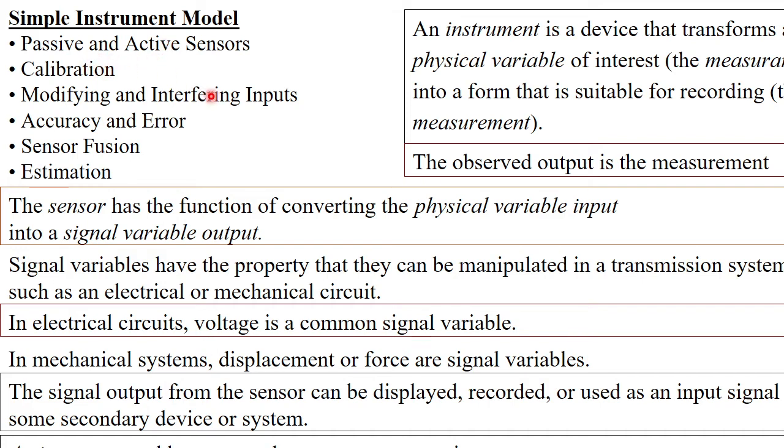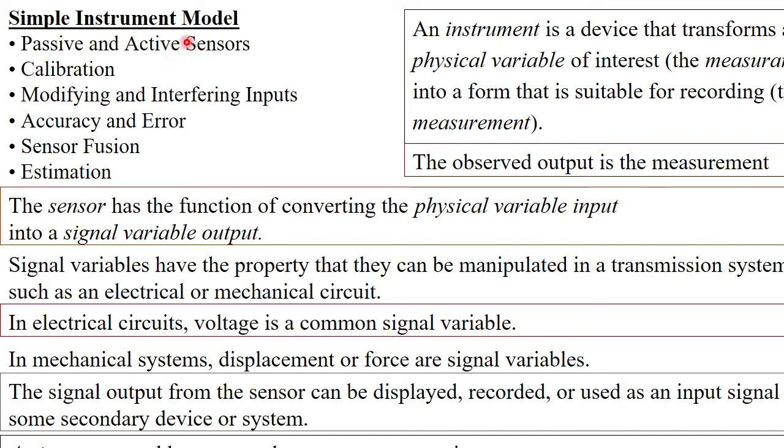Those are some interfering input signal, some modifying input signal. These are part of error which we need to eliminate from the required signal from the sensor. This is one part.